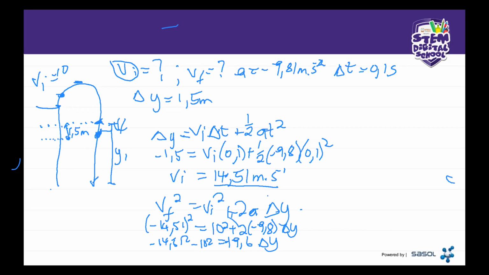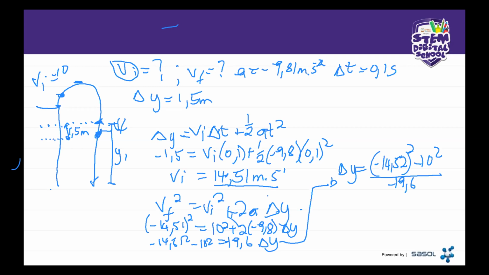So while we're substituting there, let me just put it this side so that we can see. Then we're going to have our triangle y is equal to minus 14.52 squared minus 10 squared divided by minus 19.6. So here, I just wrote it like this.